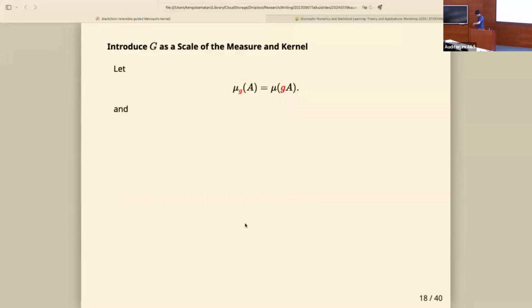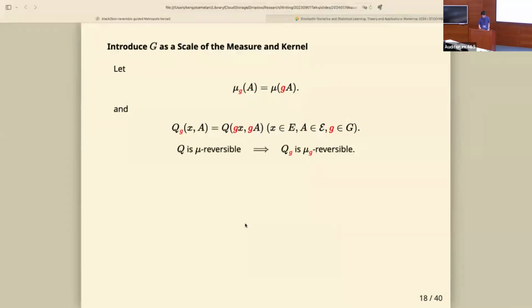So now we introduce scale and consider the mixture. First we introduce scale like this to the measure, and this to the kernel. And we want to consider a mixture. What kind of mixture do we need to consider? We simply replicate the original construction. So we assume that G is a locally compact topological space. So there's a Haar measure, and we assume that it is also unimodular.